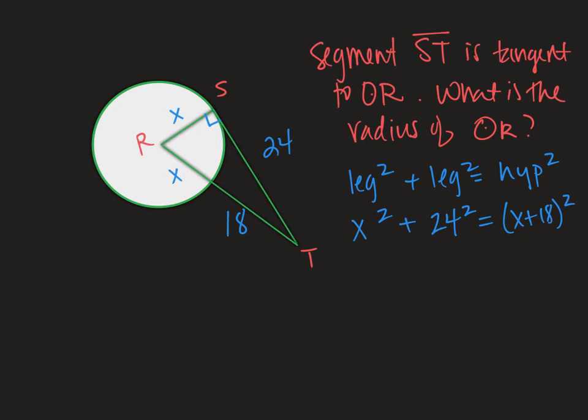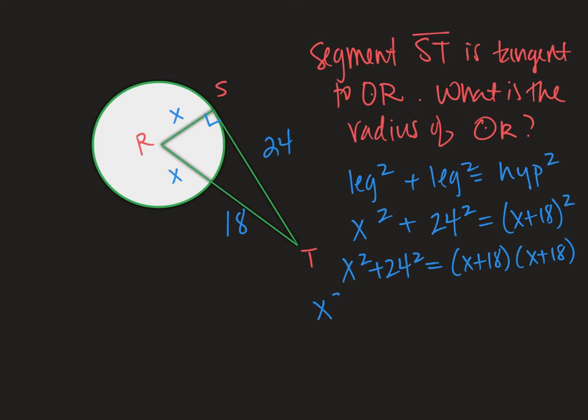Now that x plus 18, remember, we can rewrite that as x plus 18 times x plus 18. So it looks like x squared plus 24 squared is equal to x plus 18 times x plus 18. I'm just writing out that multiplication, and then I'm going to double distribute. So I'm going to do x times x is x squared, 18 times x is 18x.